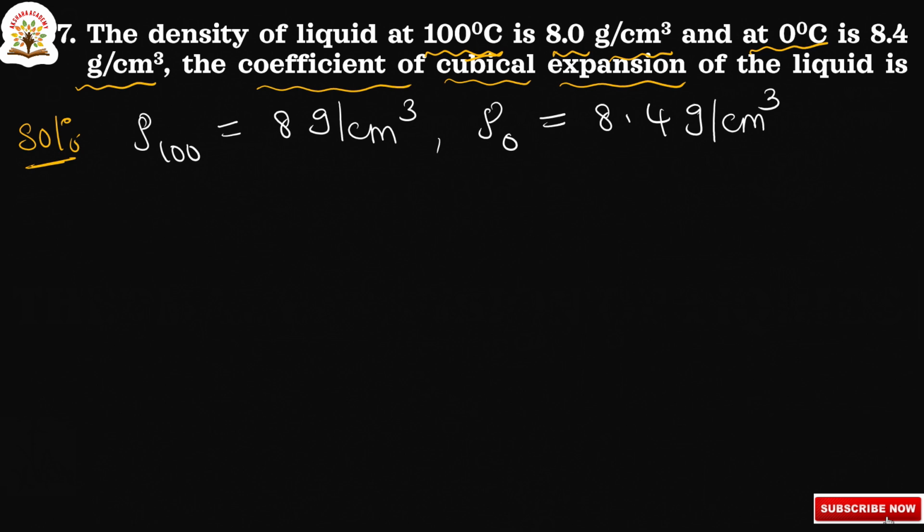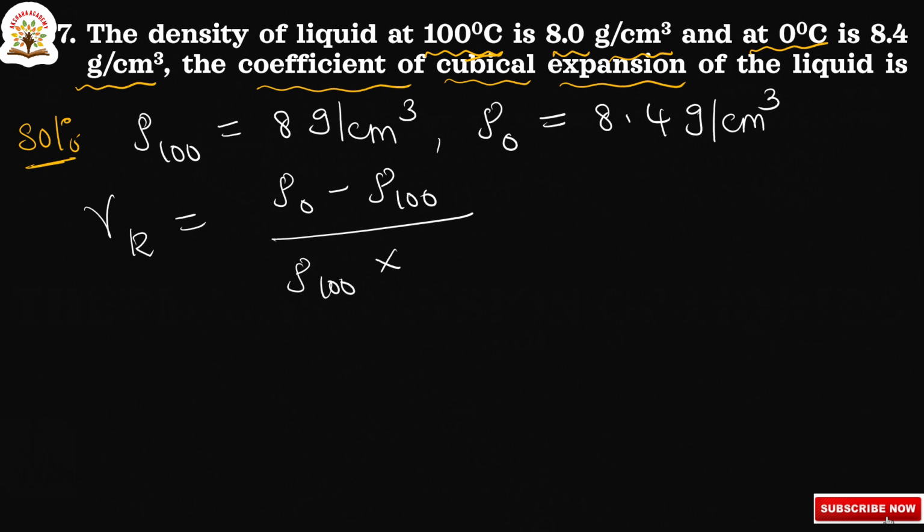So the coefficient of cubical expansion of the liquid is equal to (rho naught minus rho 100) by (rho 100 into 100), where 100 is the temperature difference.